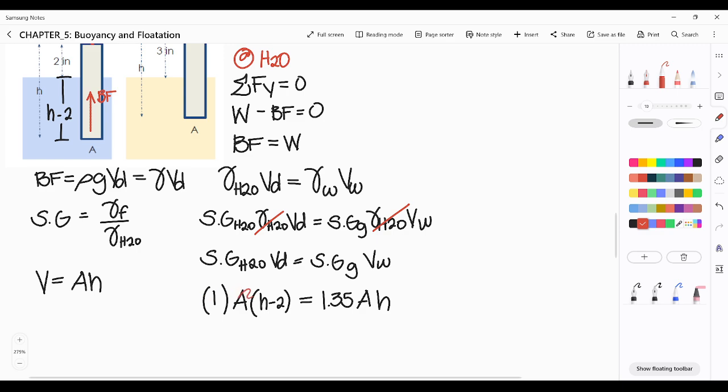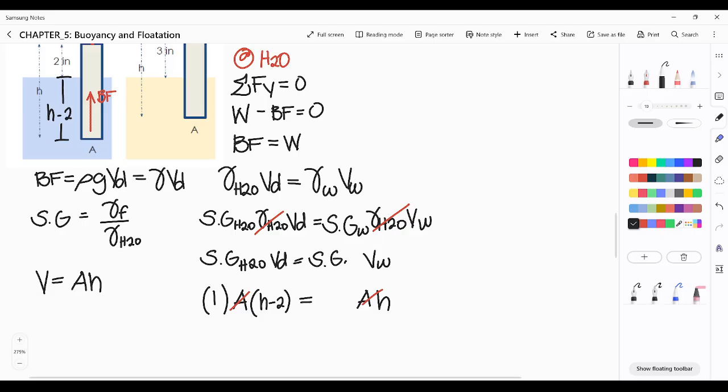From here, this will cancel out. Oh, sorry. This should be Sg of the wood kasi it's indicated here. Dapat specific gravity ng object. So this should not be the case.